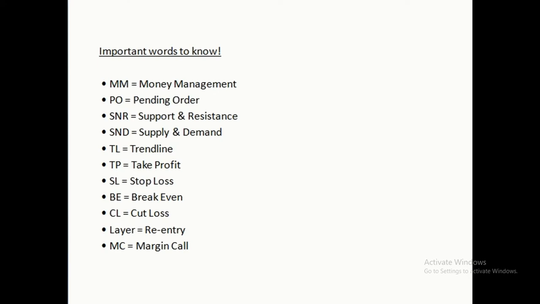Pending order means you are placing a trade and instructing that it should not execute right away, but execute when the price reaches a particular level or point. You are placing a pending trade that should go active when the price is at a particular amount. So that is pending order.